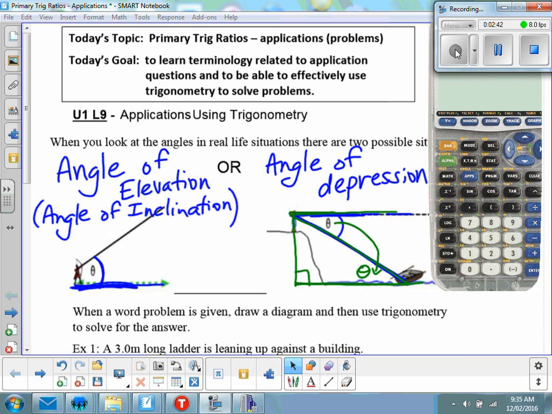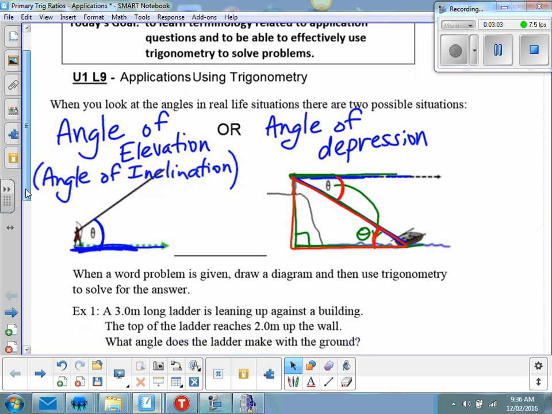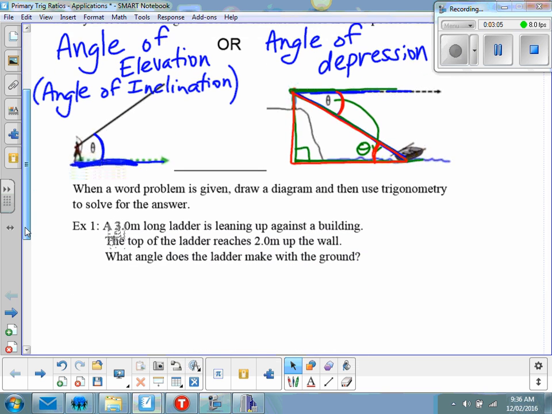So the issue with the angle of depression is that it's outside the triangle that we're actually working with. But the good news is that the angle at the top outside the triangle is always going to be the same as this angle in the bottom corner of the triangle. Okay? So that's the difference between angle of elevation and angle of depression.